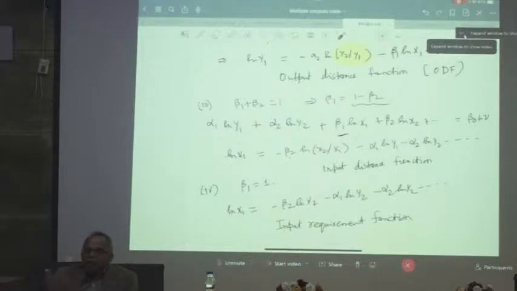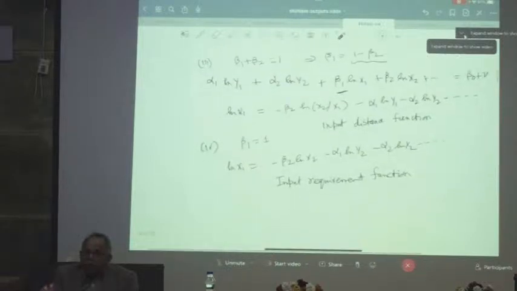If I know, then again, there is no need to do a multiple output production function. You can just do a single output production function. Okay, so that's basically what the tools are when it comes to multiple inputs and multiple outputs.